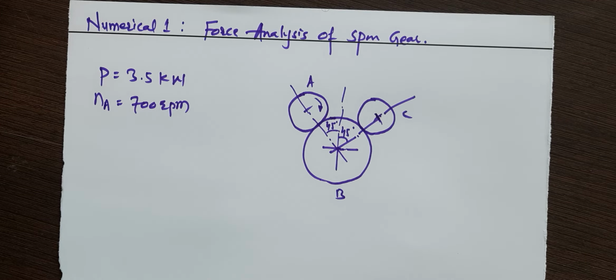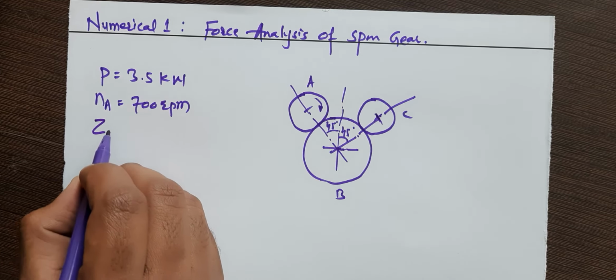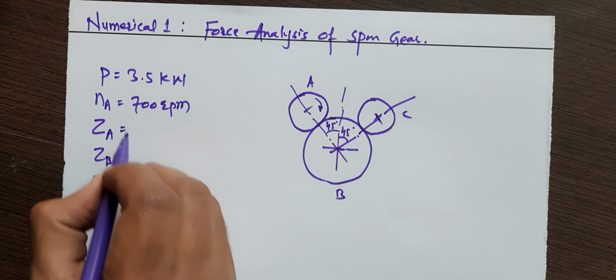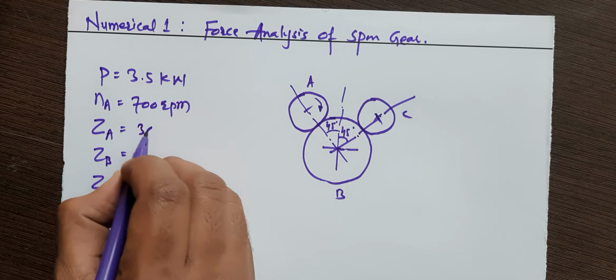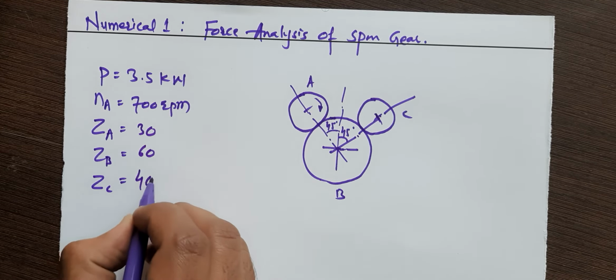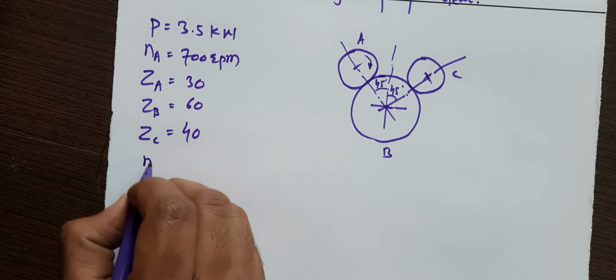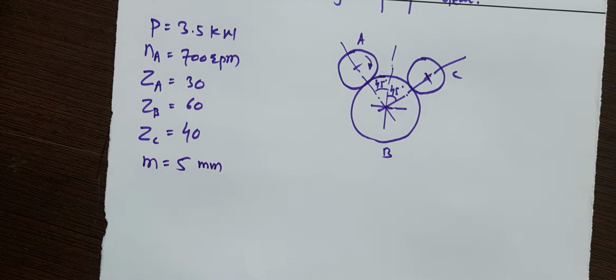The number of teeth on gears A, B and C, denoted with Z, so ZA, ZB and ZC are 30, 60 and 40 respectively, while the module is 5 mm.